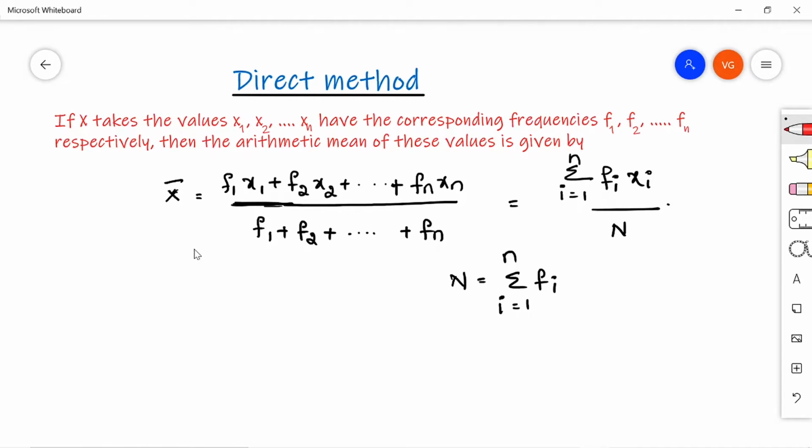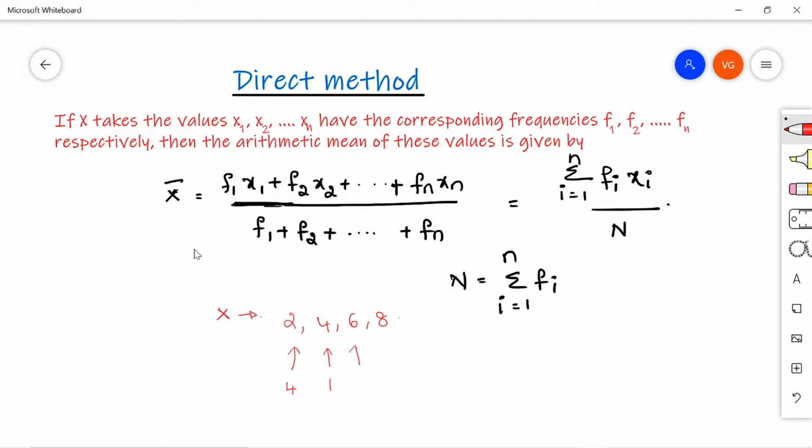Let us see what we mean by frequency. Suppose this is the x value, which takes different values of x, say 2, 4, 6, 8. The data point 2 has appeared 4 times. The data point 5 appeared 1 time.